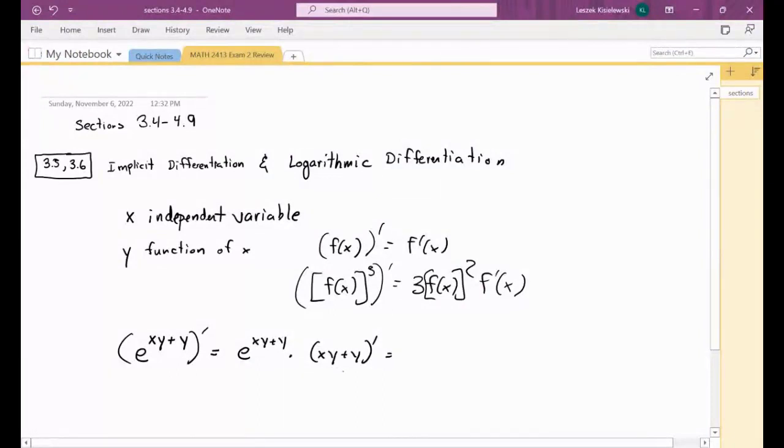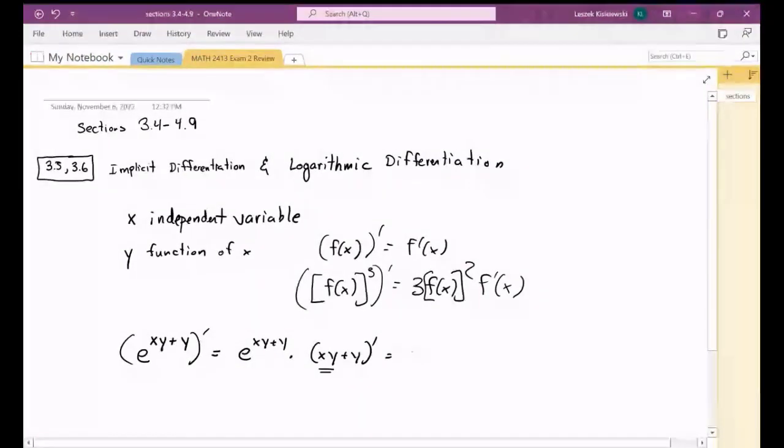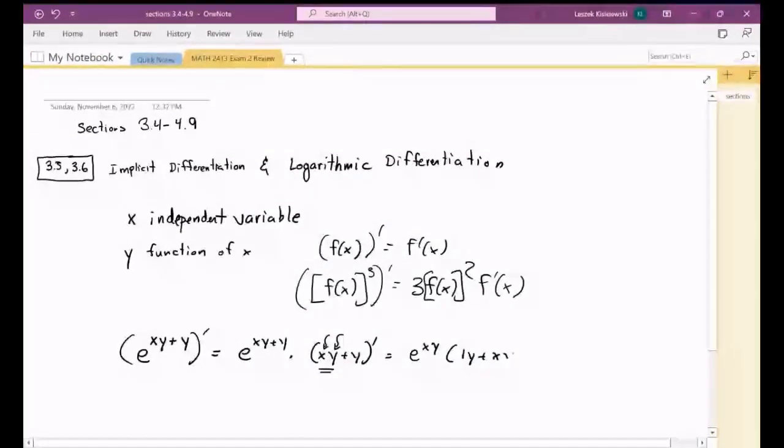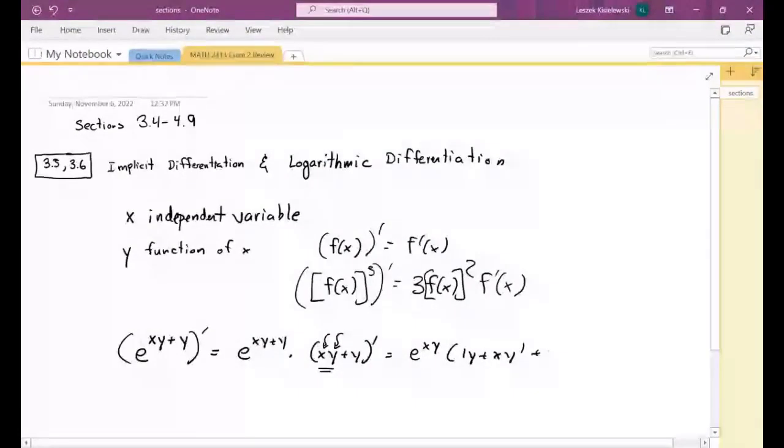And when differentiating the sum, we can differentiate term by term. And what rule do we have to use when differentiating x times y? Product rule, because we have x times some function of x. So product rule. So differentiate x with respect to x times y plus x. And the y prime is the best we can write. And of course, if you come across y, just write y prime.